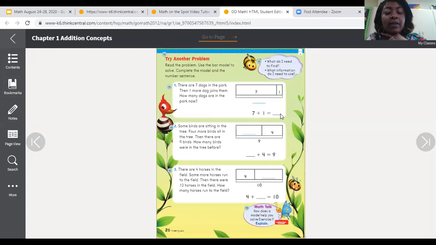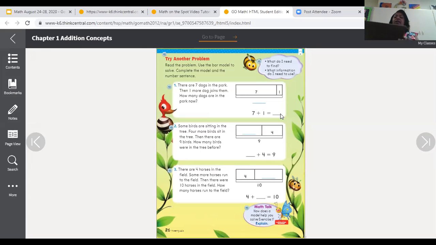All right, so let's go back and let's think about what we already know and what we need to find out. We know that there are 4 horses already in the field. Then some more horses run to the field. Then there were 10. So we know in all there were 10. How many horses run to the field?